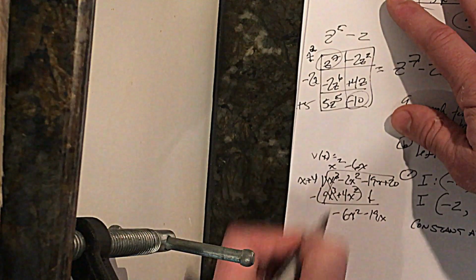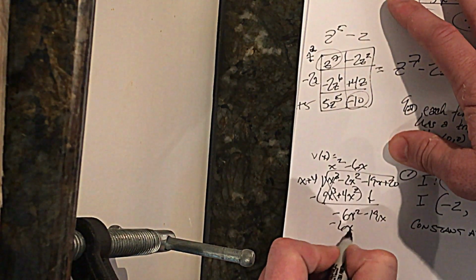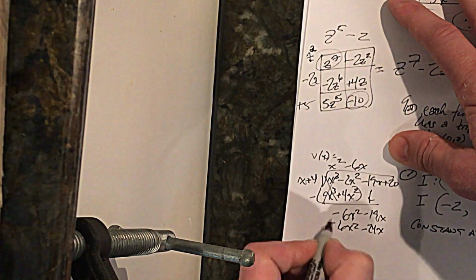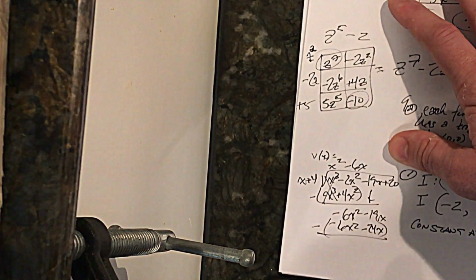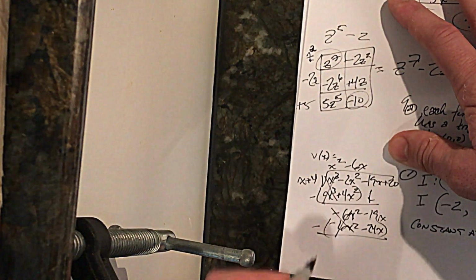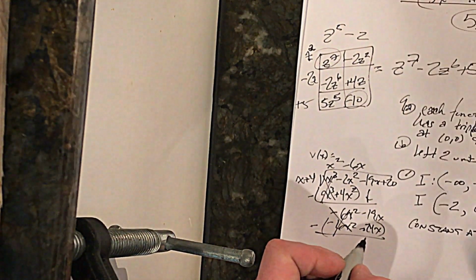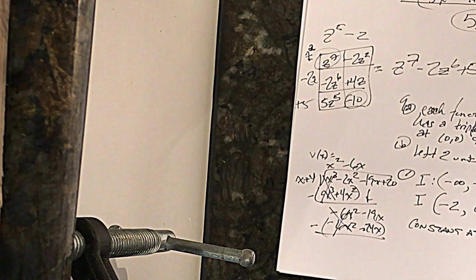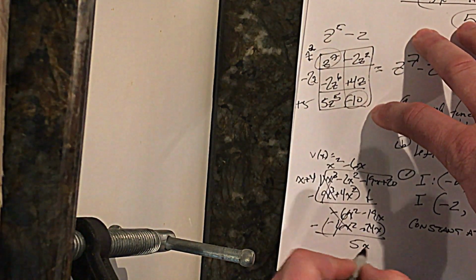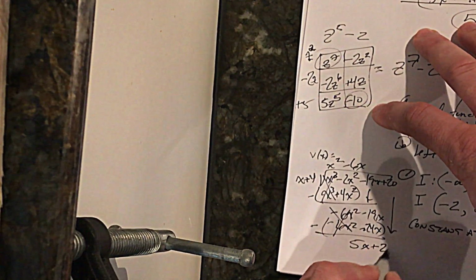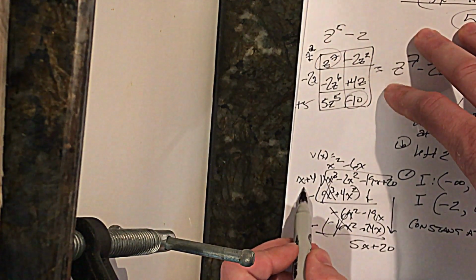We put negative 6x at the top, and subtract. A negative and a negative is a positive, and then this just leaves us with 24. 24 minus 19, and that gives us 5x. Bring down your 20, and it looks like this is going to work out for us.